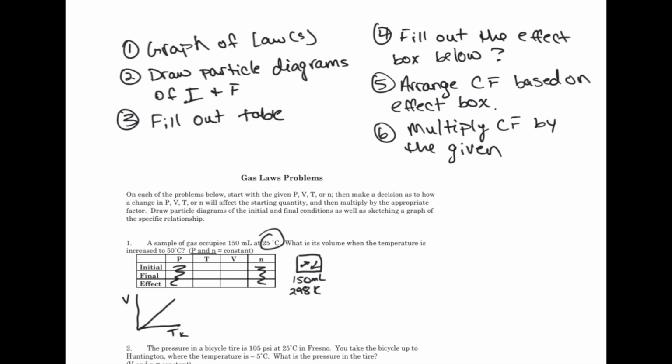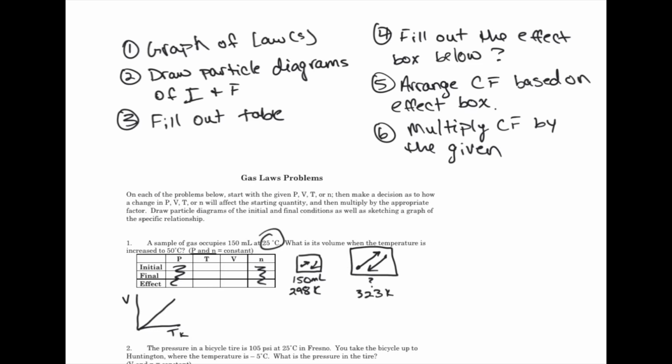It is so important that you remember to do that. Now, we have an unknown volume, but we know that the temperature has increased to 323 Kelvin. So our temperature has increased.